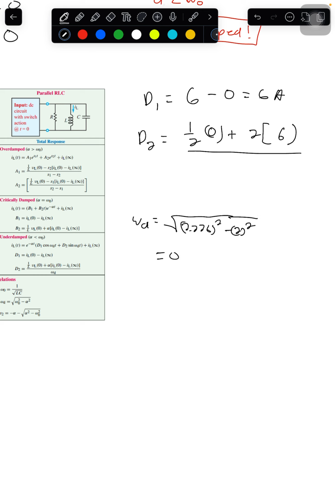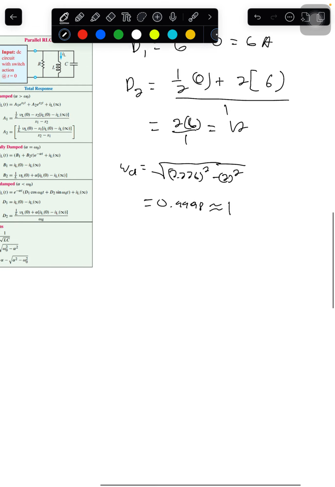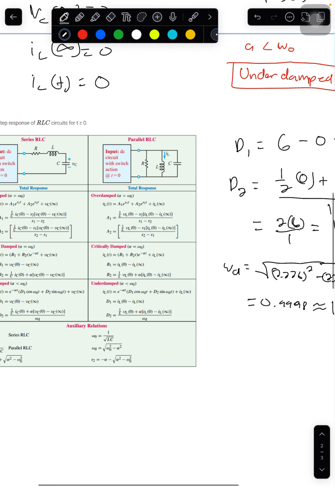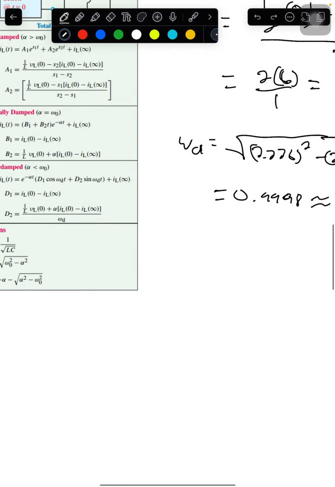You put that in the calculator and it equals 0.9918, and then we'll just make that equal to 1. It literally simplifies down to 2 times 6 over 1, equals 12. And then you plug that into your underdamped equation.